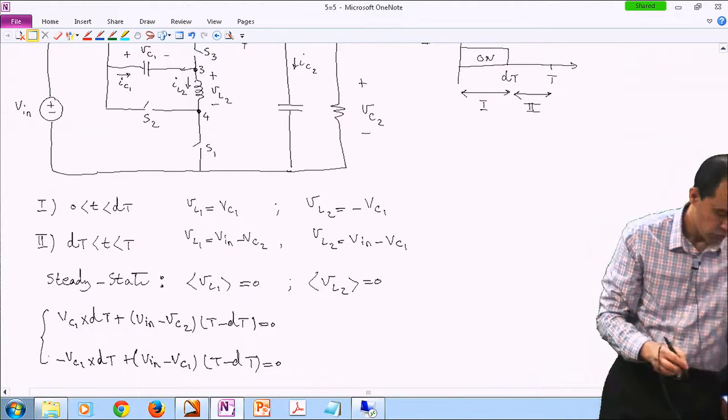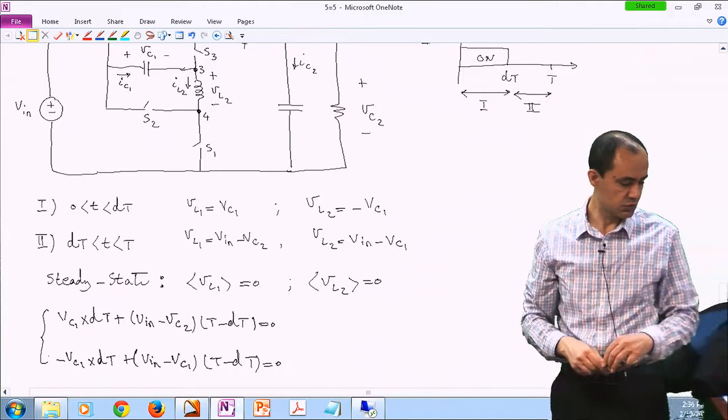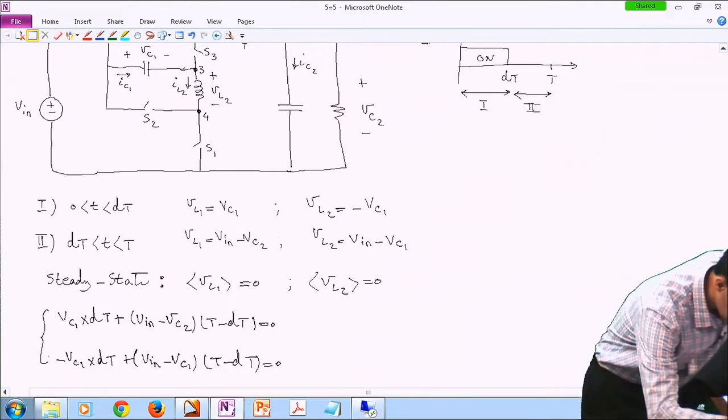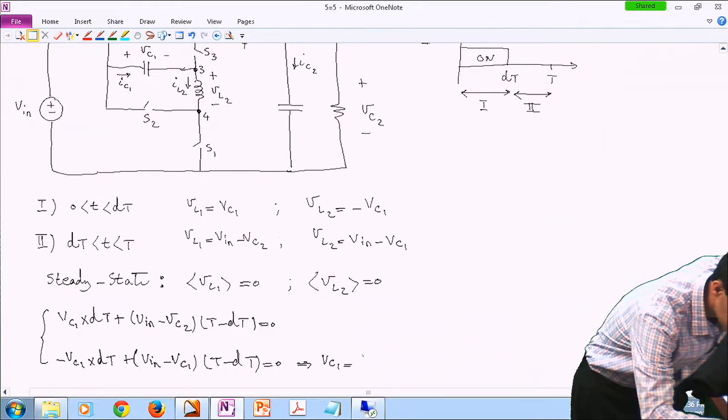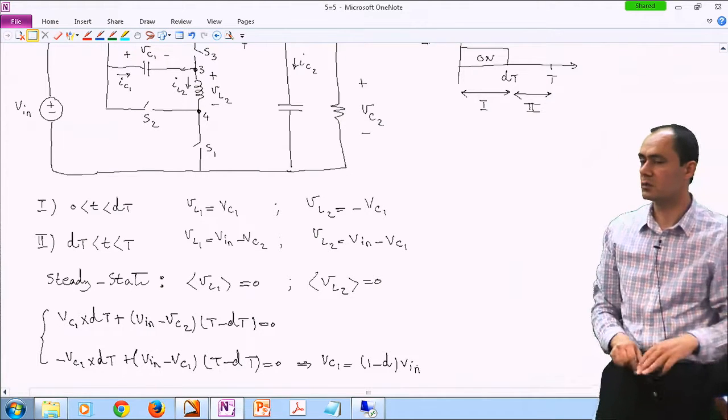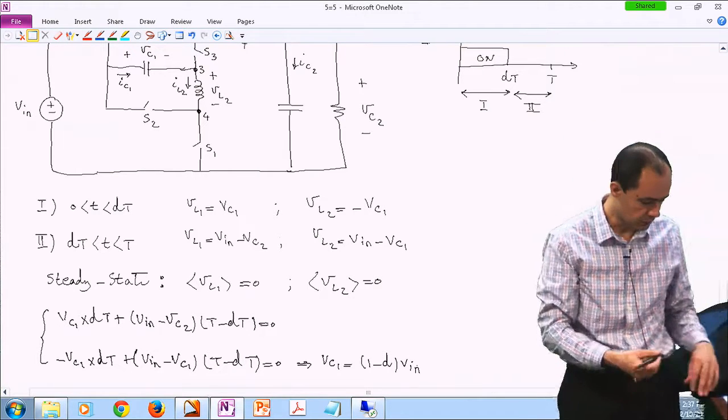All right, so the second equation is really easy to rearrange, and that indicates that VC1 is (1 minus D) times Vin. And we need that for the top equation because VC1 appears in the top equation.